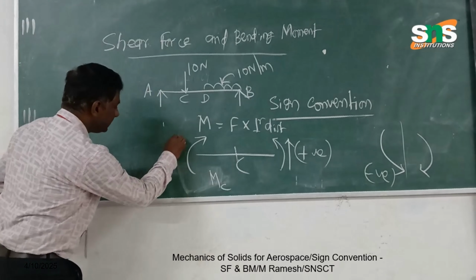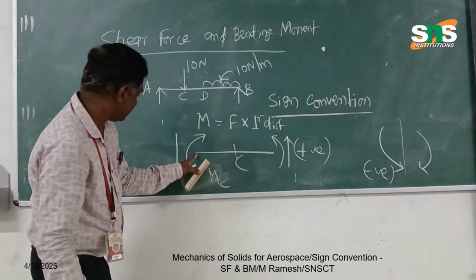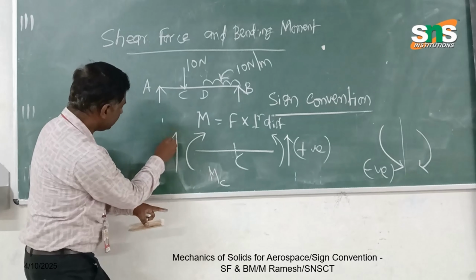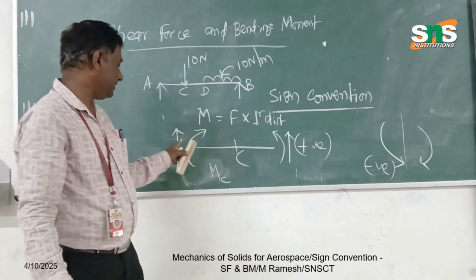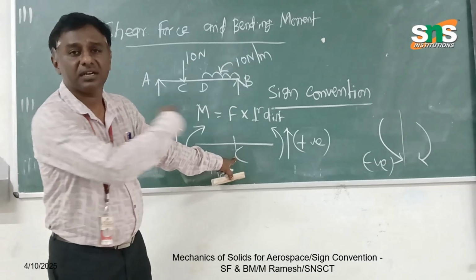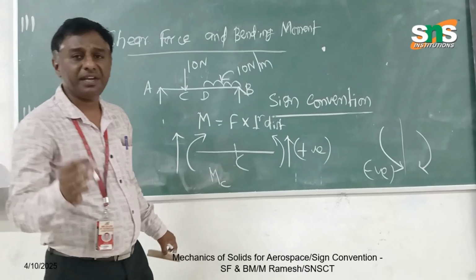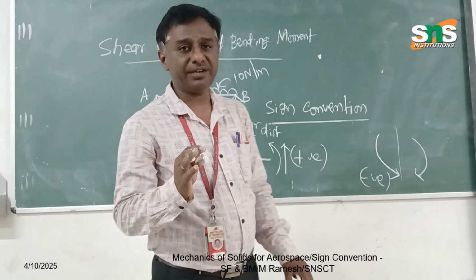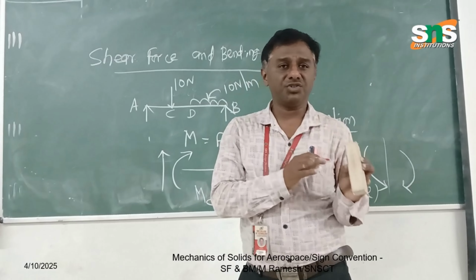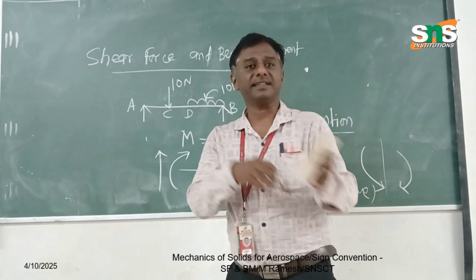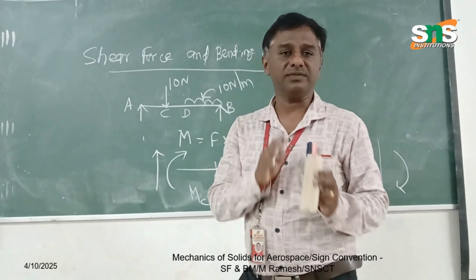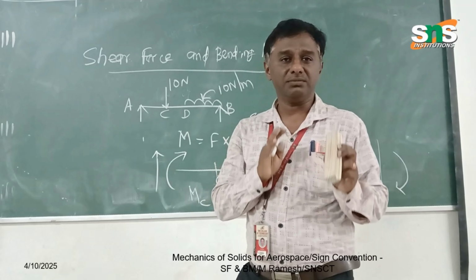In the same way, here also these forces will travel to C in the clockwise manner, and the upward force must be there so that it travels to the particular point in the clockwise manner. So the bending moment at a particular point, either left side or right side, will be positive if the forces are vertically upward.